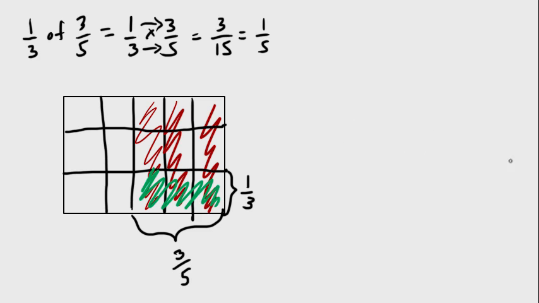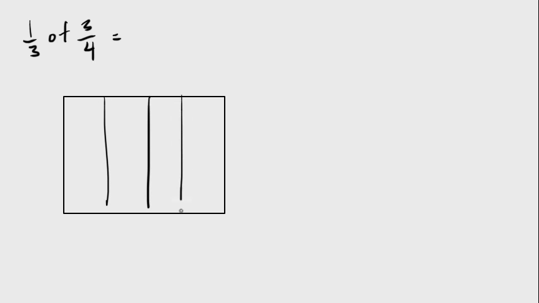But remember, when we multiply any number, we can do this with anything. So 1/3 of 3/4, right? It works the same way. Now you can go straight to your algorithm, or you can split this up into fourths. Know that you have 3 of them. Okay, we'll just do this problem real quick.